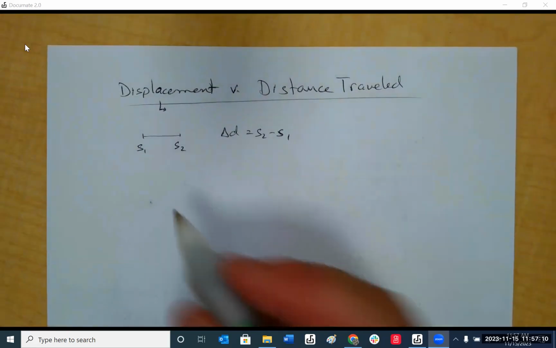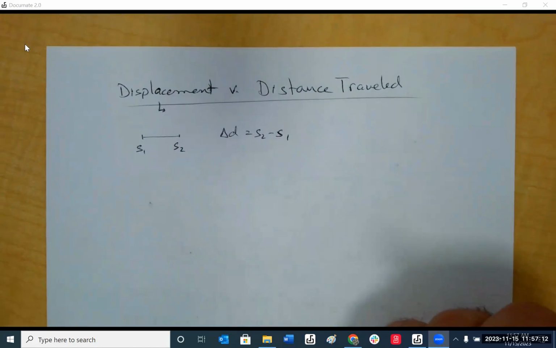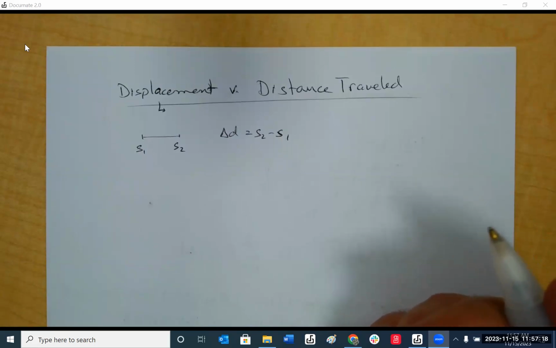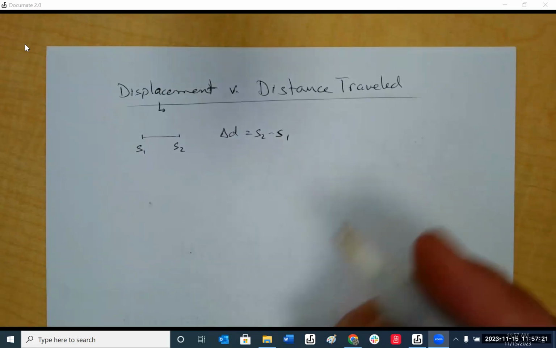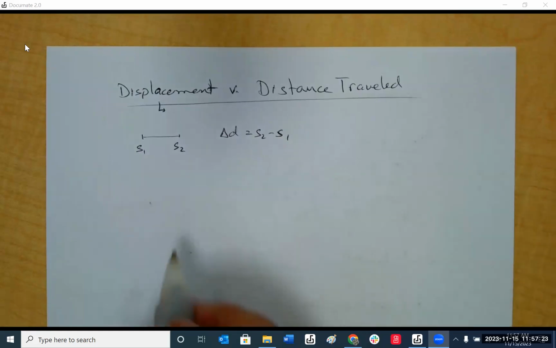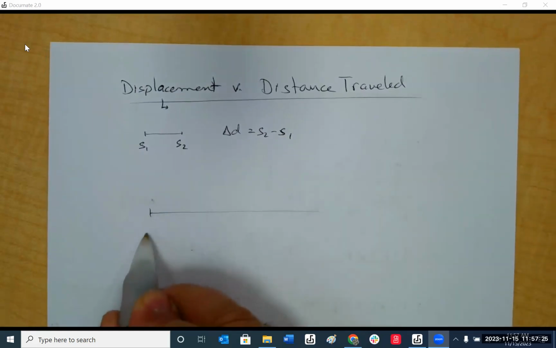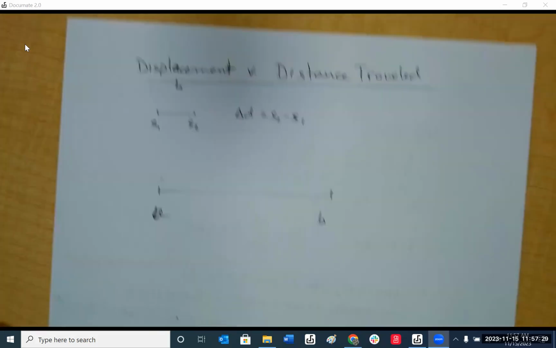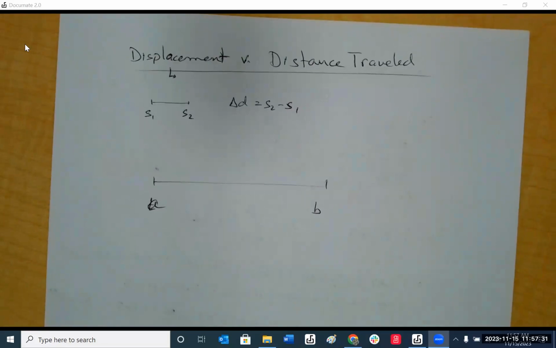So in this, it's an object moving. If an object with position function s of t moves along a coordinate line without changing direction, we can calculate the total distance from A to B, the total difference, if it's moving in the same direction without changing anything.